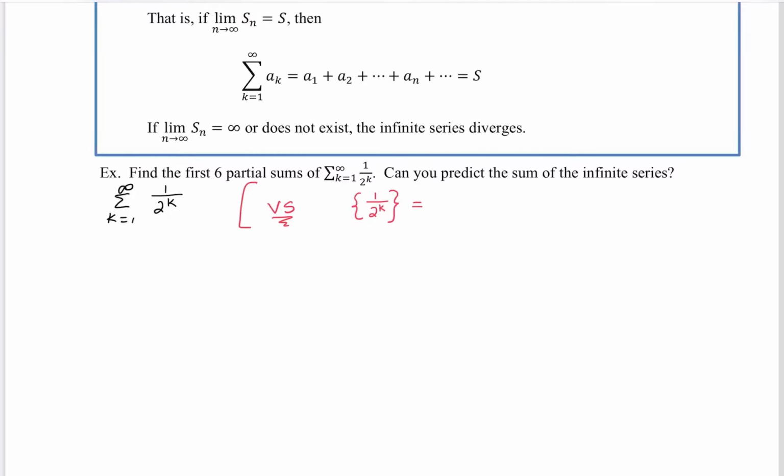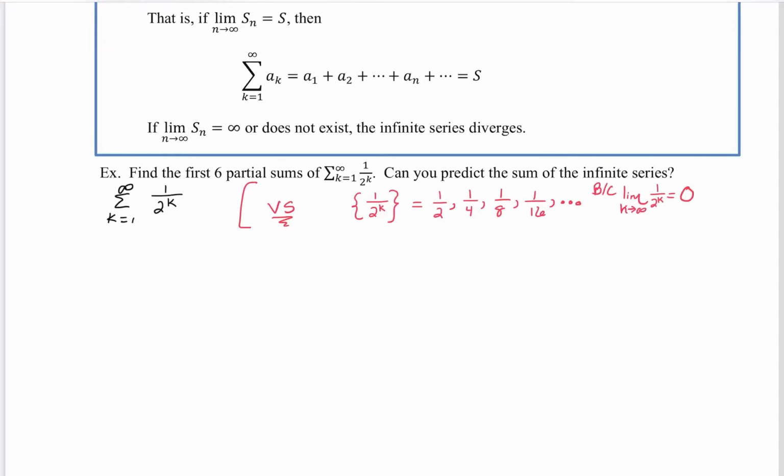That sequence is simply 1/2, 1 over 2 squared would be 1/4, 1 over 2 cubed would be 1/8, 1 over 2 to the 4th would be 1/16, and so on. We know that because the limit as k goes to infinity of 1 over 2 to the k goes to 0. 1 over something going to infinity will go to 0.